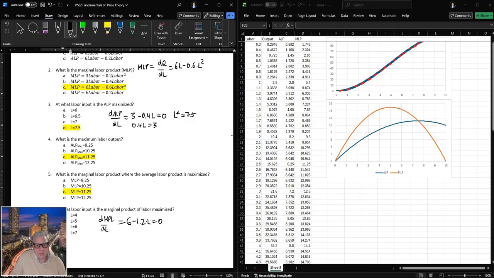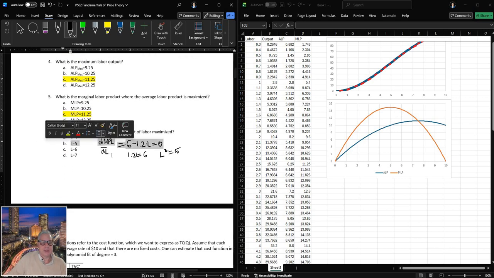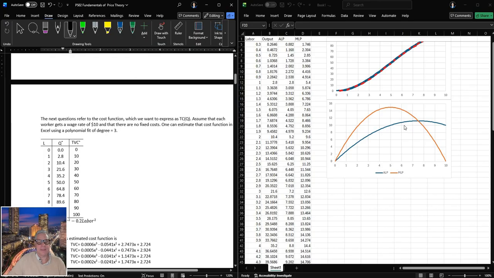So now we can rearrange terms, and we get 1.2 L equals 6, and then L is equal to 5, which is what we can see here as well. And it looks like the marginal labor product at 5 is exactly 15. But it's not a question, so we didn't ask for that one.